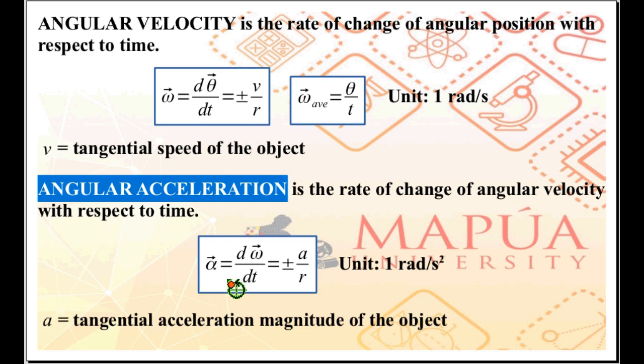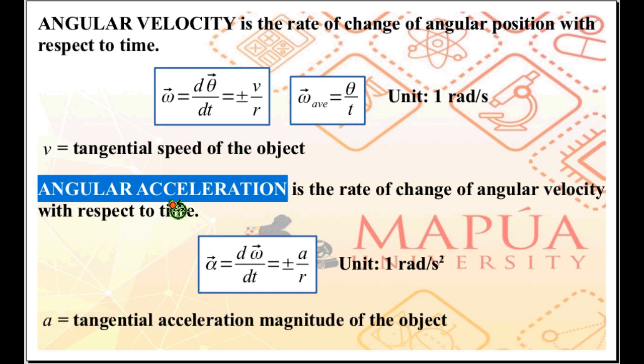Alpha is just equal to d omega over dt, the differentiation of omega with respect to time, or simply d omega divided by dt, a very small change in angular velocity divided by a very small change in time. So alpha is equal to d omega over dt.